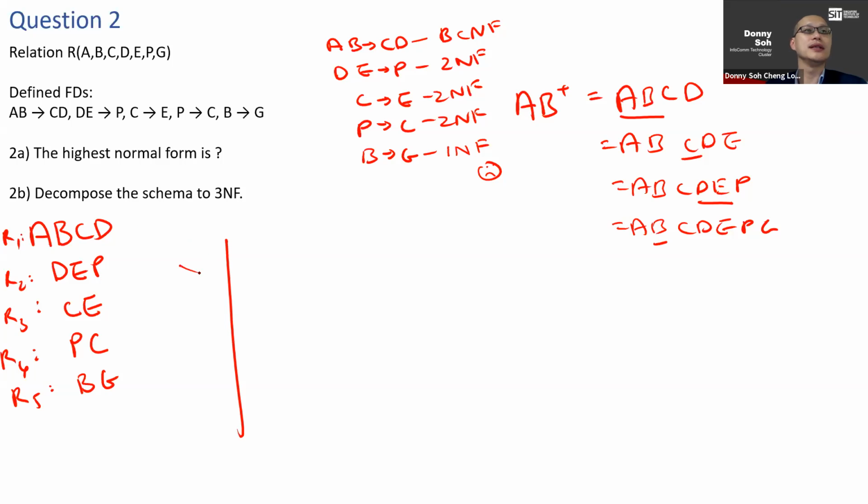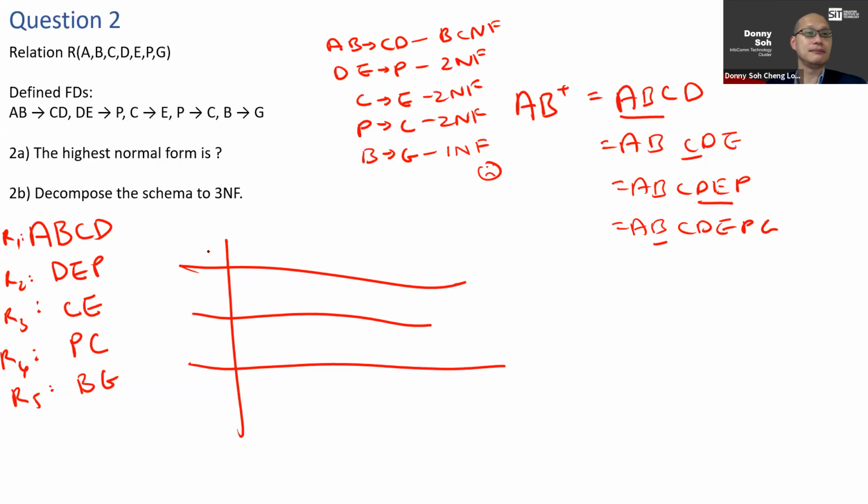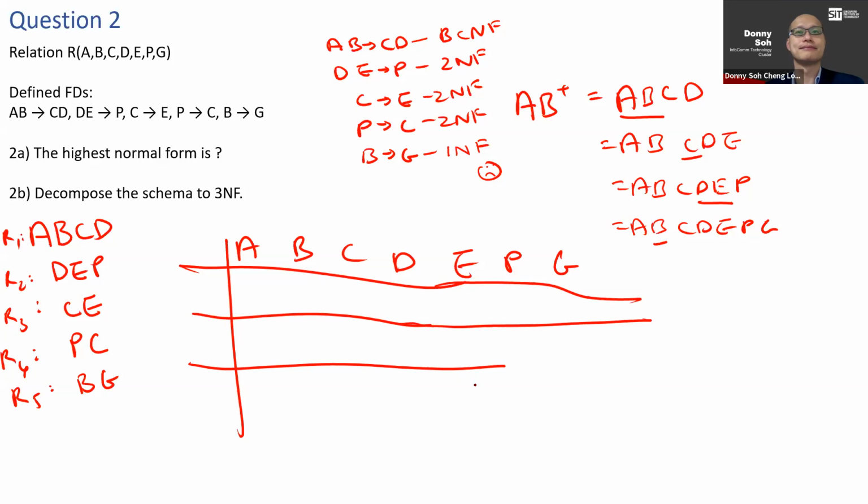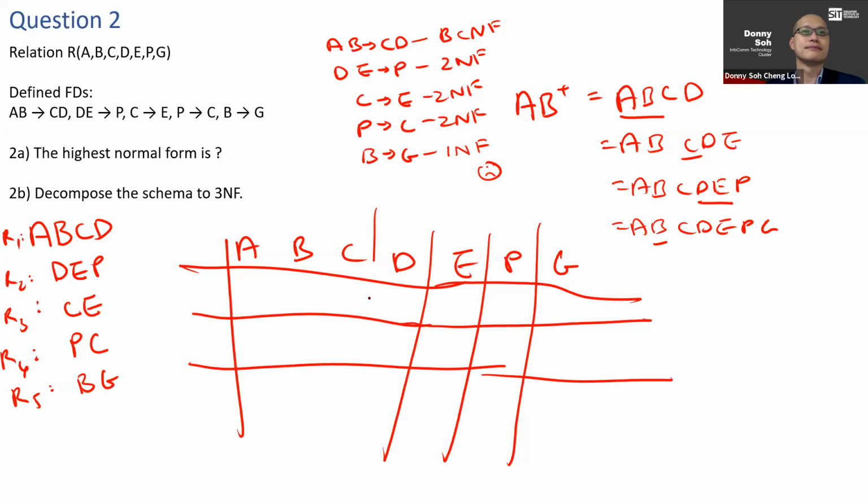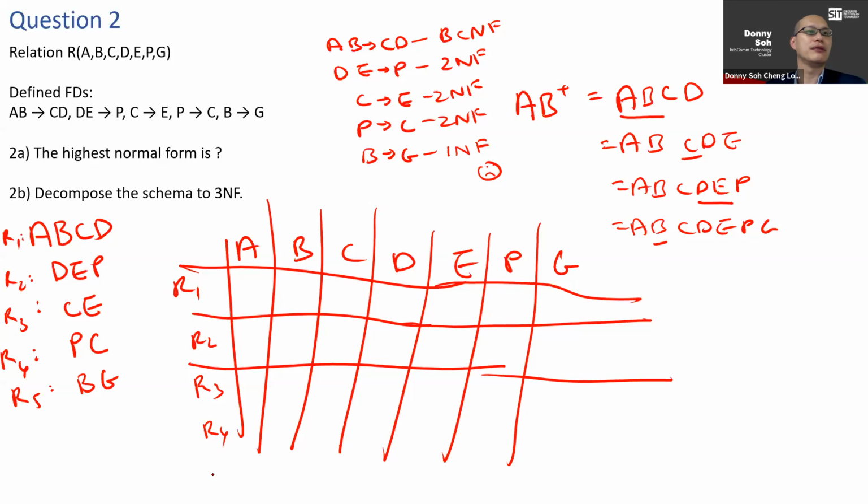So let's check if it is lossless or not. Sorry, very messy. R1, R2, R3, R4.